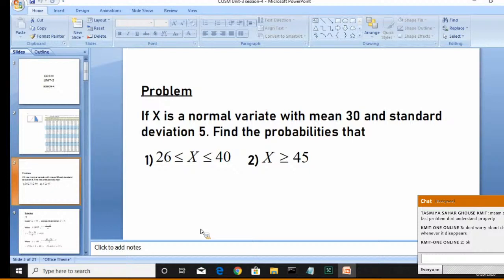Compared to the previous problem, Tasmia, since you asked, I am telling you, last day problems which I have taken were all with standard normal variate. This time I have taken a problem with normal variate. How you can identify: standard normal variate means z will be coming and normal variate means x will be coming.